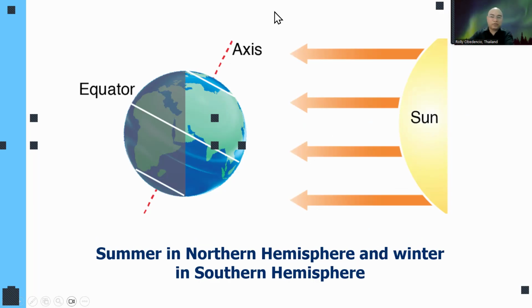Let me show you. Remember, this is the axis because the earth is tilting to this axis here, and this is the equator. All right. So this is the sun shining to the earth during summer in northern hemisphere and winter in the southern hemisphere. Okay. Remember, I told you why it's summer here, and why it's winter here is because this is closer to the sun and this is farther from the sun.